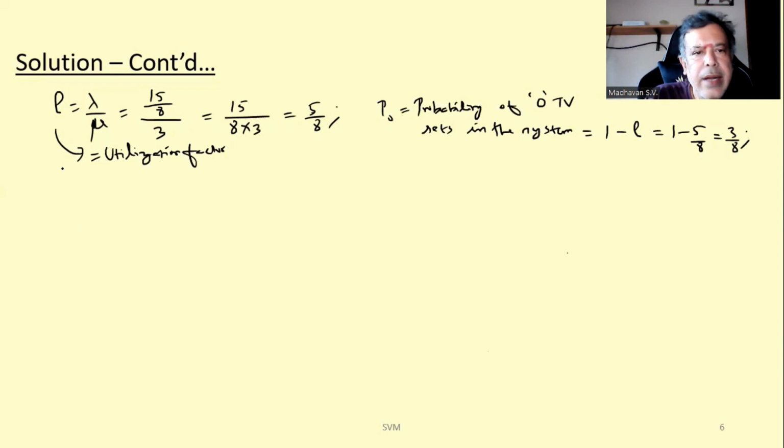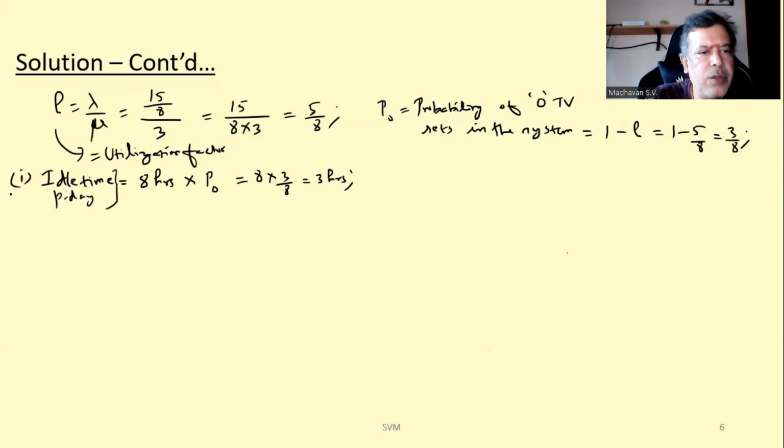Therefore, our idle time will be total working hours, 8 hours, multiplied by the probability of 0 TV sets, 8 into 3 by 8, so we get 3 hours as the idle time per day. So that is our first part of the question.